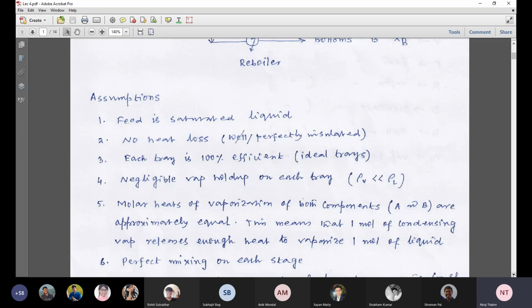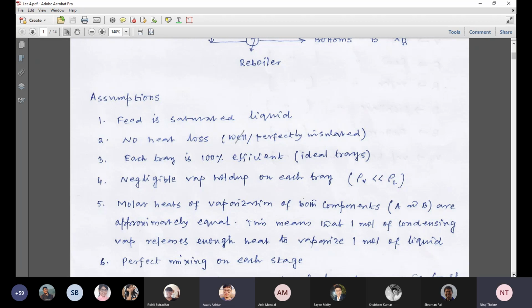What is the meaning of perfect mixing on each stage? What do you understand by this? Sir, means equal number.